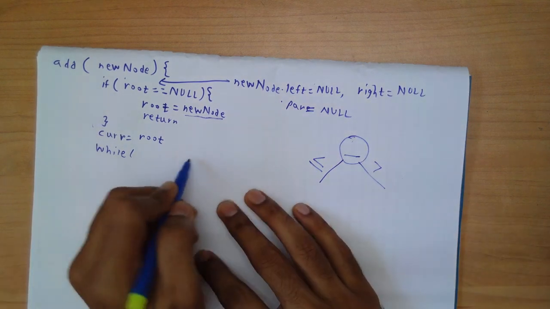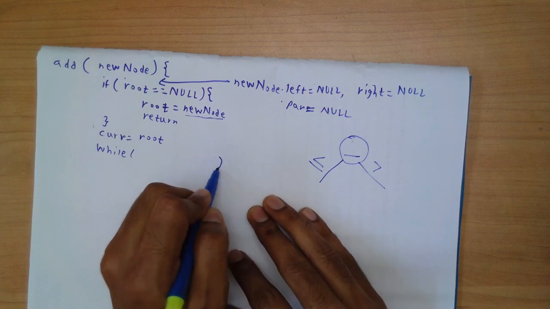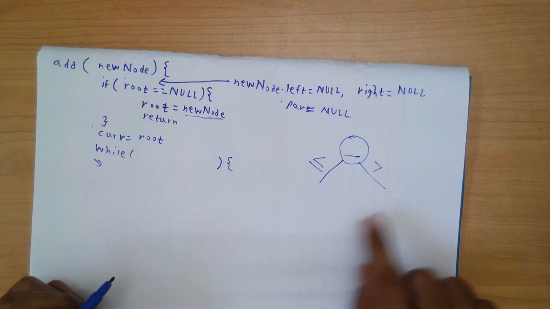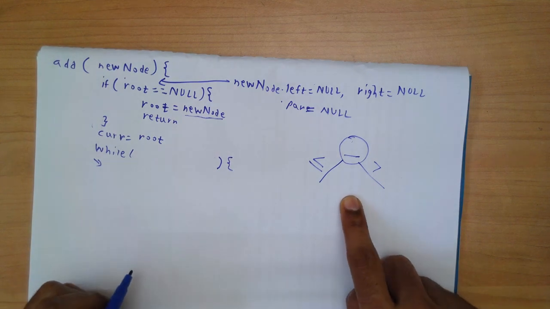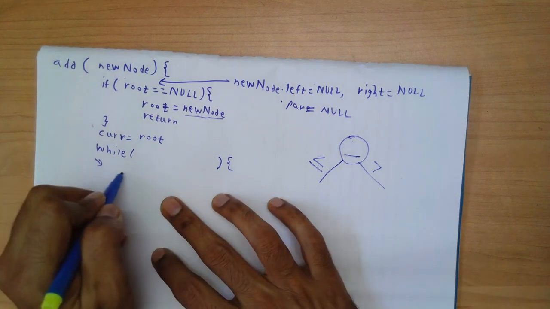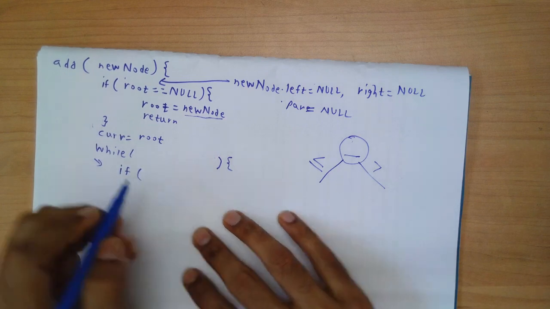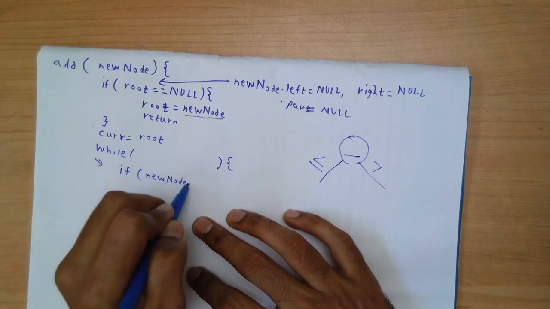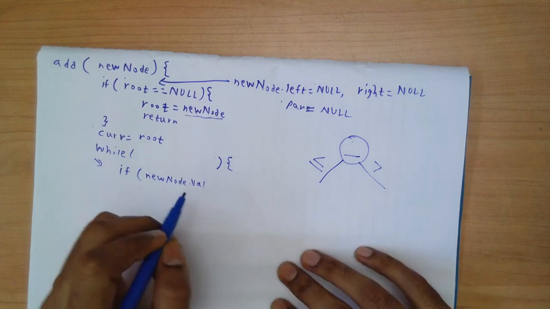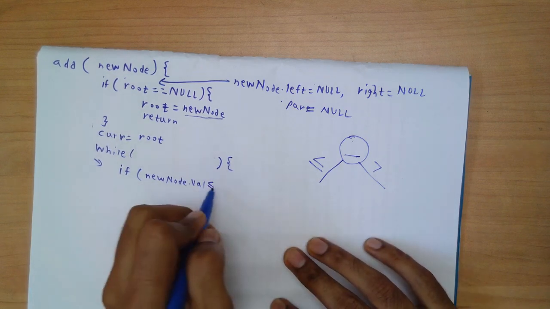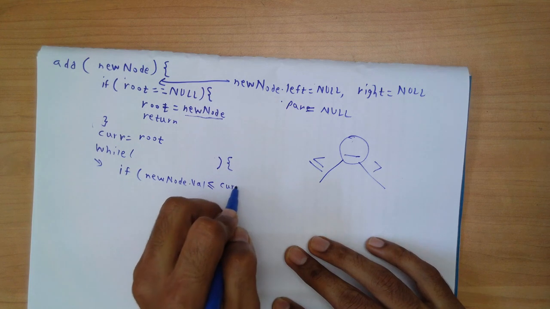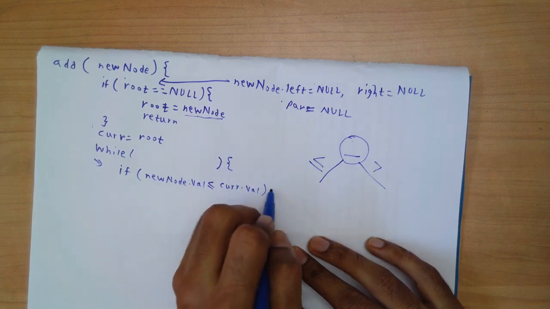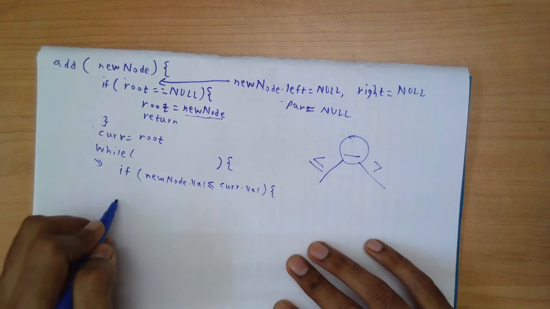So now what condition we require for our looping construct, let's think about it later, but let's come inside and write this idea first. So I will ask the question, if the value in my new node dot val is less than or equal to the current dot value, if that's the case, then I will do something.